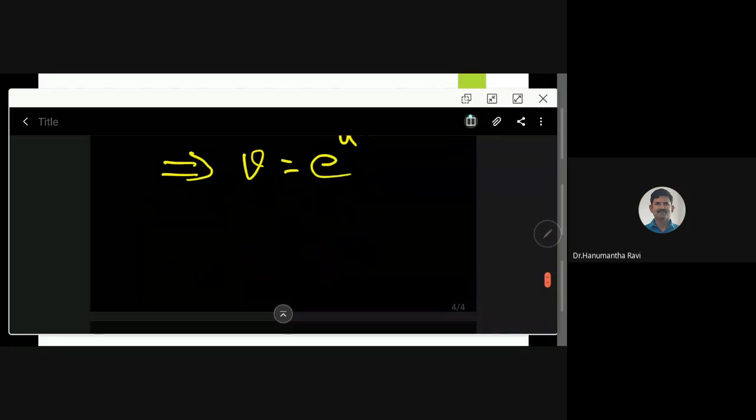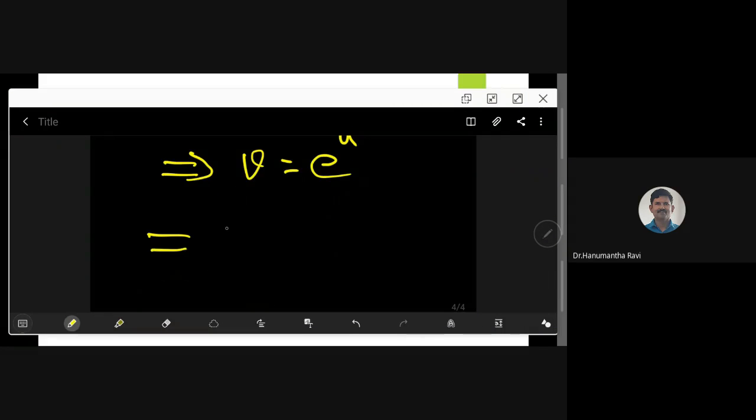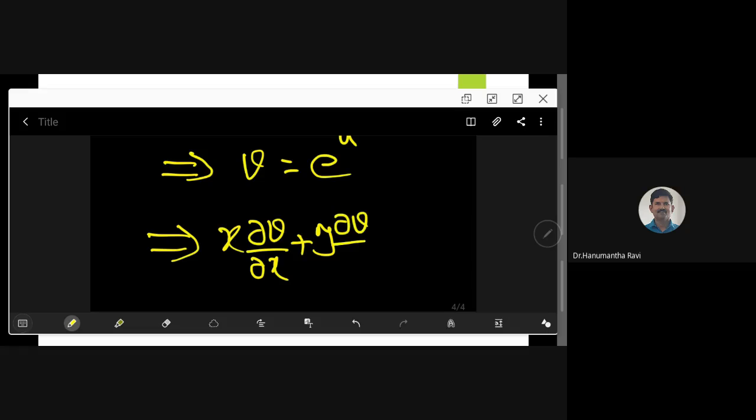This implies x dou v dou x plus y dou v dou y is, the degree is 3 there, we have already observed, that is 3v by Euler's theorem.